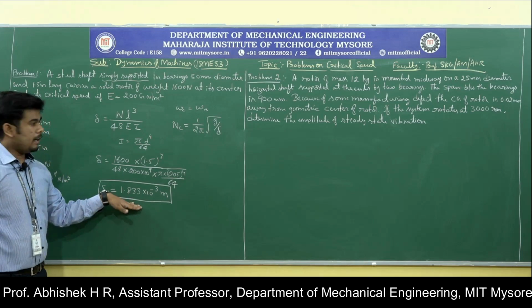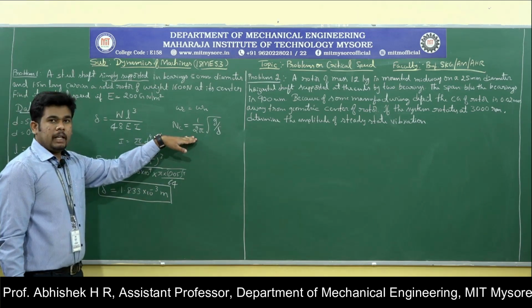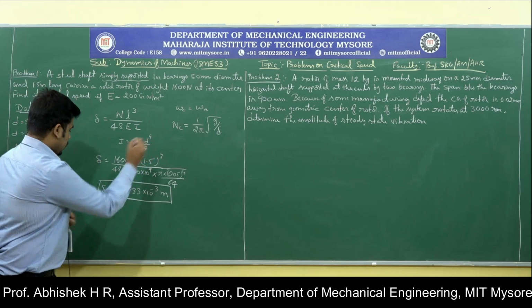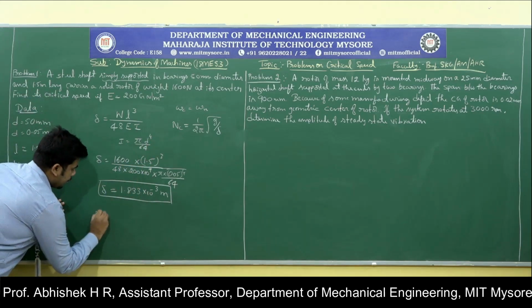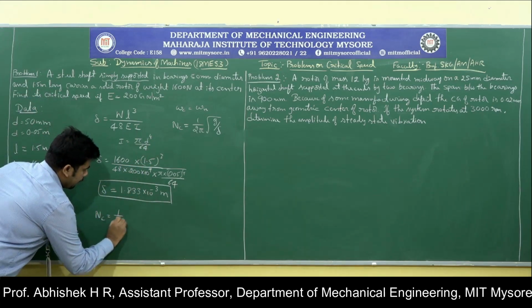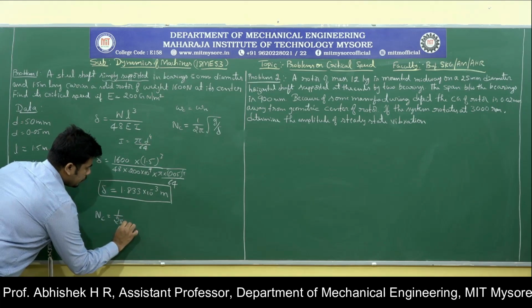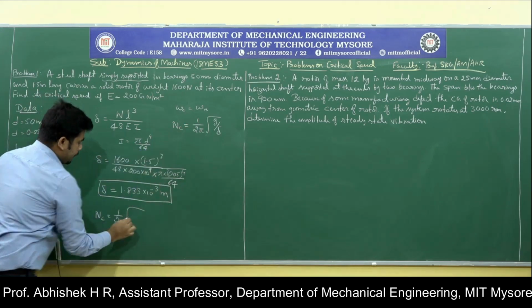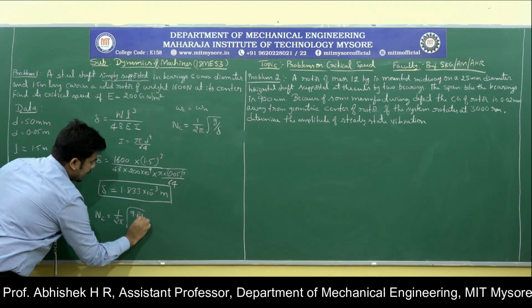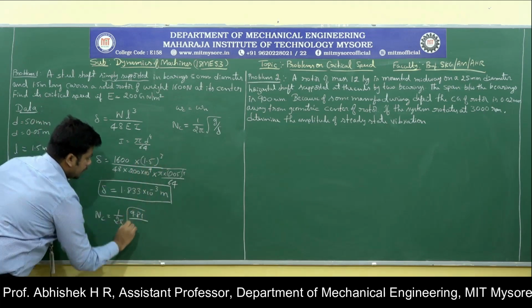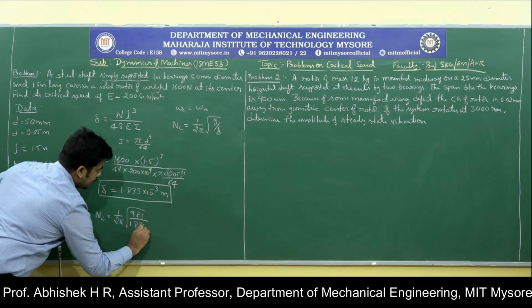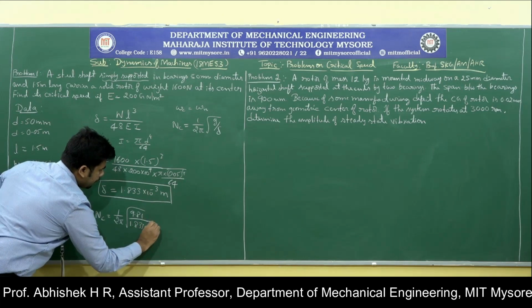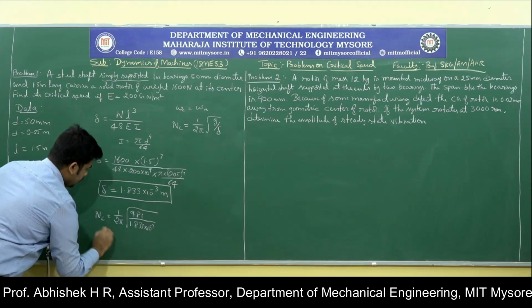This is the delta value. Now we have to find out the critical speed. So Nc is equal to 1 by 2 pi into square root of g, which is 9.81, and delta, which is 1.833 into 10 to the power of minus 3.